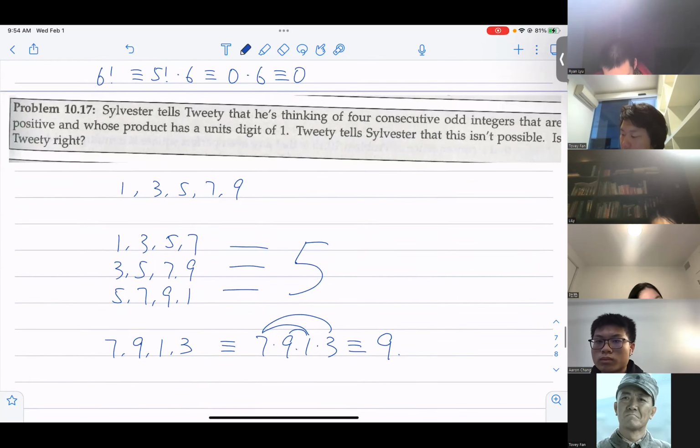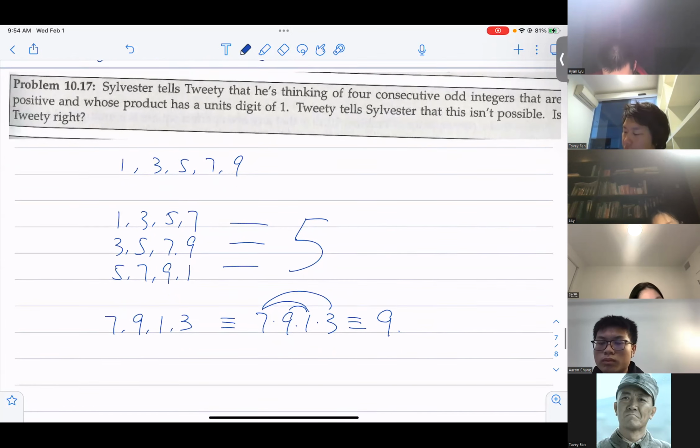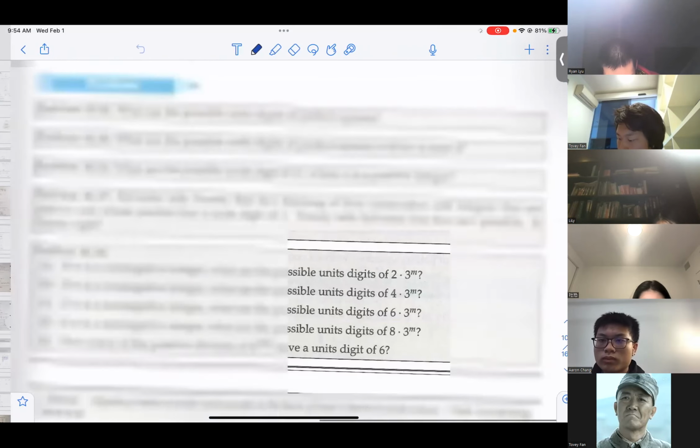Okay, so the product of 4 consecutive odd integers can only have unit digit of either 5 or 9. So not 1. So this is impossible. So he's right. That's it. Okay, very good. Very nice. Any question? Good. Next.